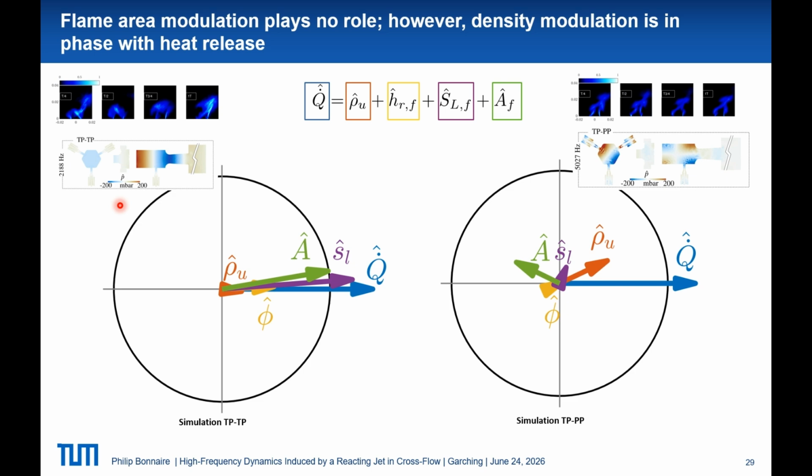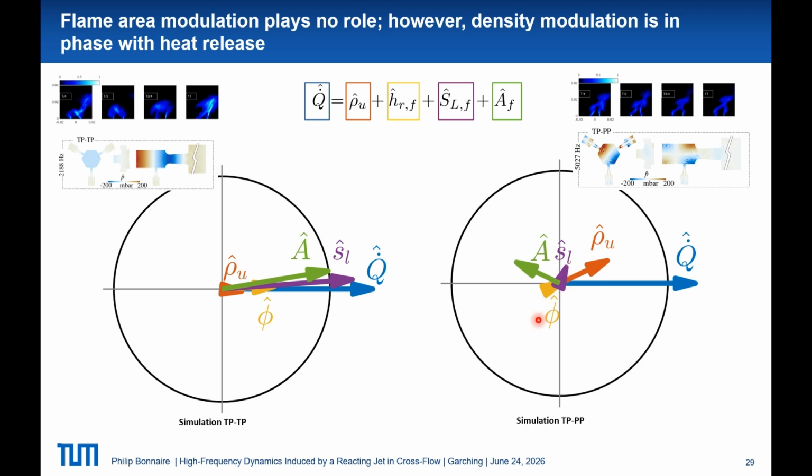For the second case, we actually also expected that the flame surface will be in phase with the global heat release rate, because all those tiny vortices, we expected them to create flame surface in phase, but actually they do not. So flame surface, the green arrow, is definitely not in phase with the global heat release rate.